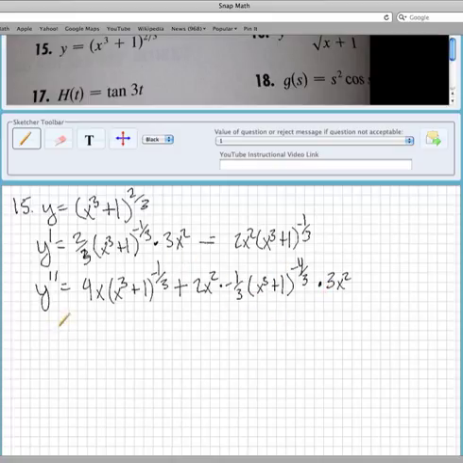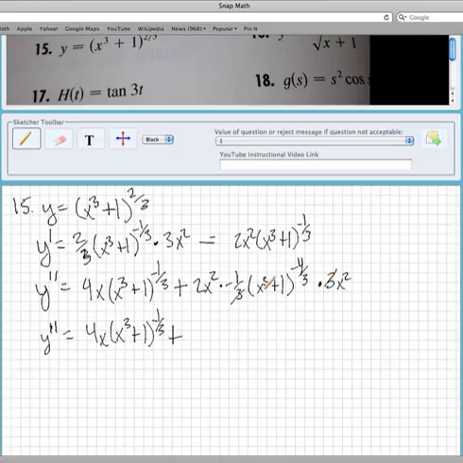So if we simplify this, y double prime, or the second derivative, is going to be 4x plus, and this cancels out with that.